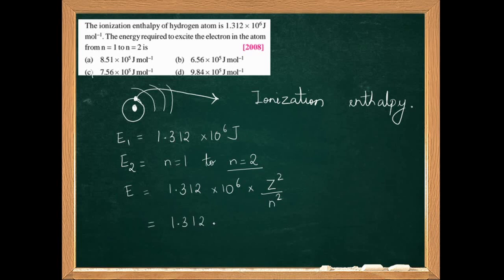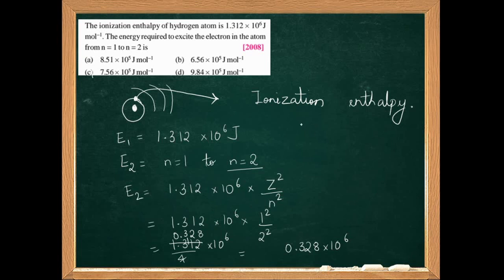So this will be 1.312 into 10 to the power 6 into 1 square upon, and the value of n is equal to 2, so 2 square. So this will give us 1.312 into 10 to the power 6 upon 4. This gives us 0.328 into 10 to the power 6. So this is our E2, right?